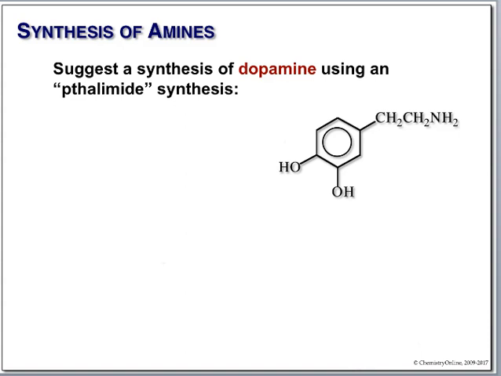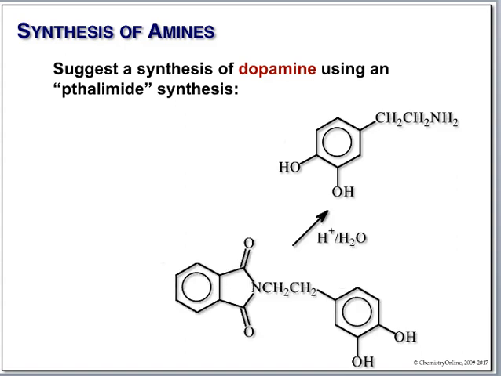Remember that in the phthalimide, the nitrogen was bonded as an amide twice over to phthalic acid, 1,2-benzene dicarboxylate. Bonded twice over. Therefore, all you have to do is lose your hydrogens, put in some carbonyls, and this is your phthalimide adduct. Here's our nitrogen, 2 carbonyls, it's a diamide.